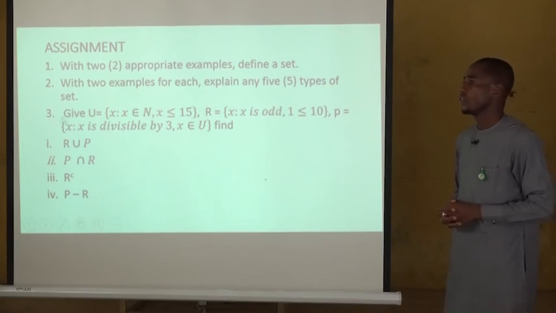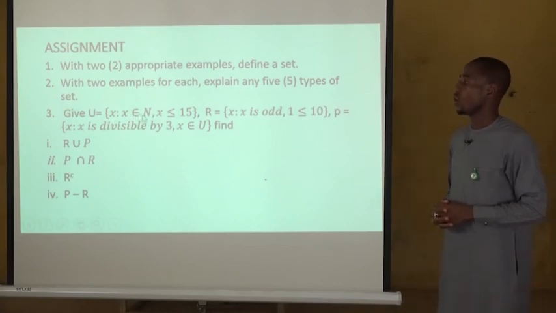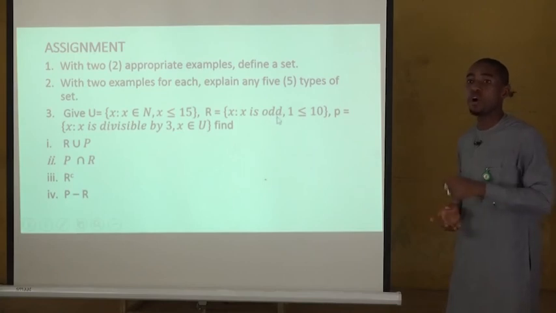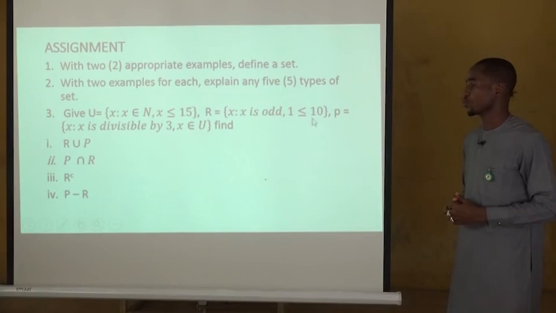3, given the universal set U, such that x belongs to the set of natural numbers, that is N, and x is less than or equals to 15. Then R is another set of x such that x is odd, meaning odd numbers, and 1 is less than or equals to 10.